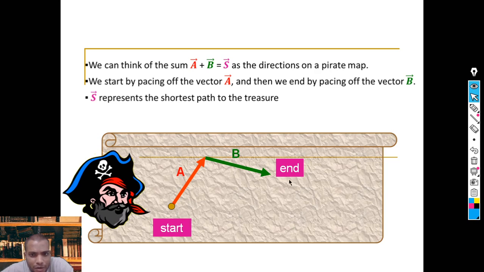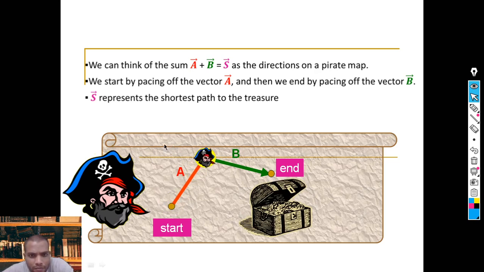So this is the starting point, and that is the ending point. But moving along A bar and B bar to the end takes a long time. If I know how to add A bar to B bar, instead of moving from A to B and again B to the end, I can move directly from the start to the end. That gives the resultant displacement direction.